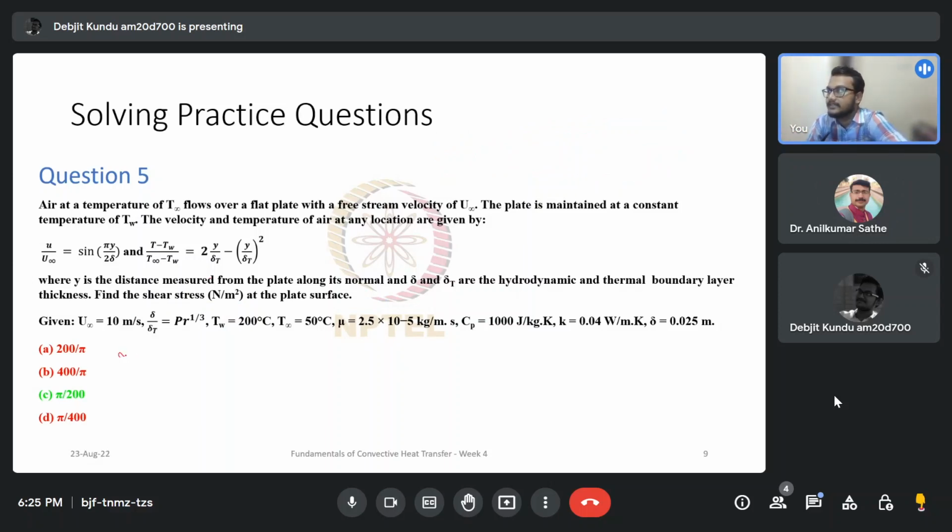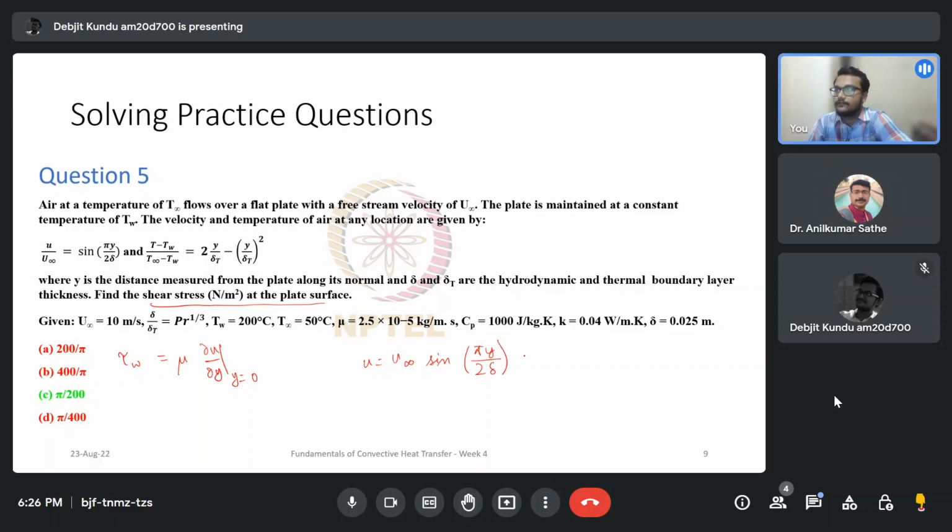So basically, as I said, we have to find the shear stress at the plate surface. So this is mu into du by dy at y equal to 0. Our value of u is given here. So u can be written as u infinity sine of pi y by 2 delta.